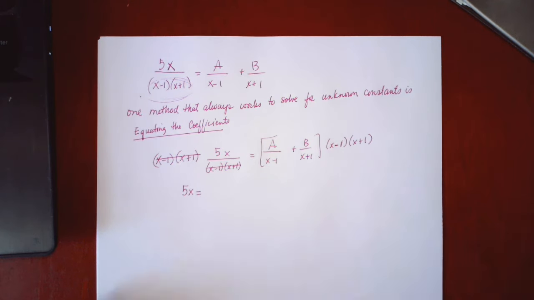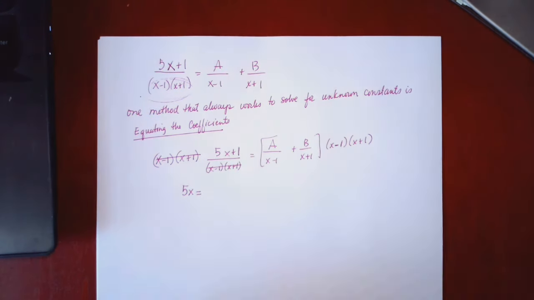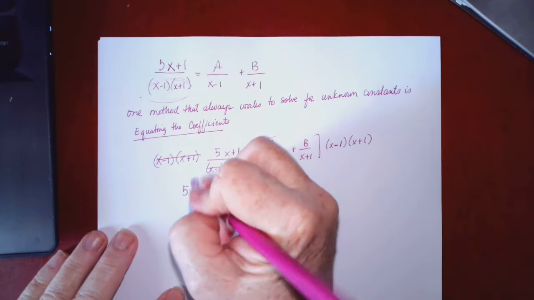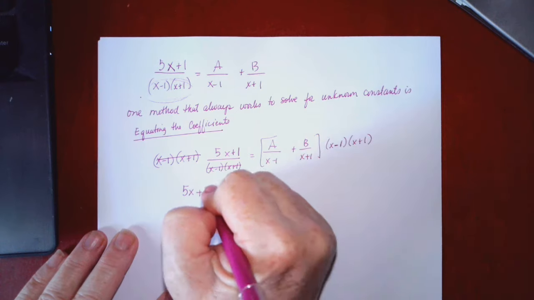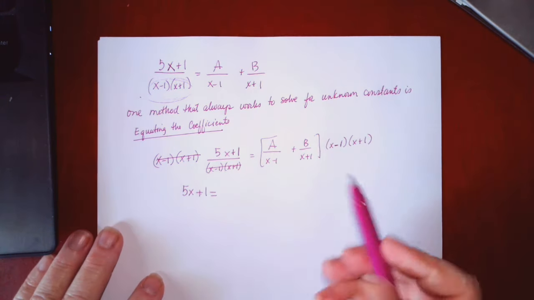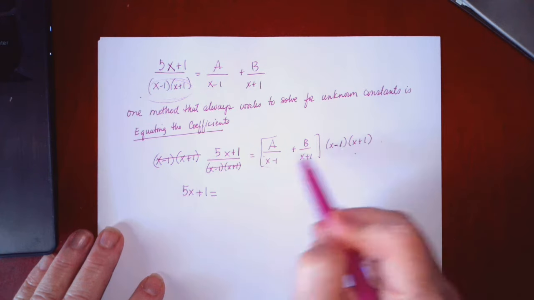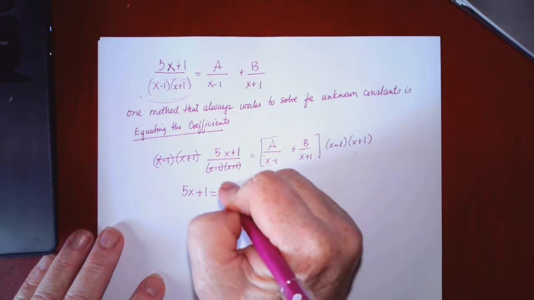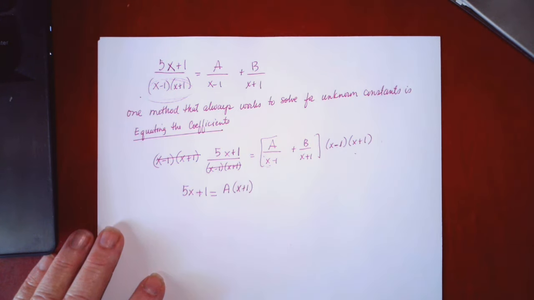Except I lost my 5x plus 1 there. Does help when you write down the original problem. Okay, so we'll have 5x plus 1 is equal to, when I multiply this fraction times this product, the x minus 1's cancel, and we would just have A times x plus 1.